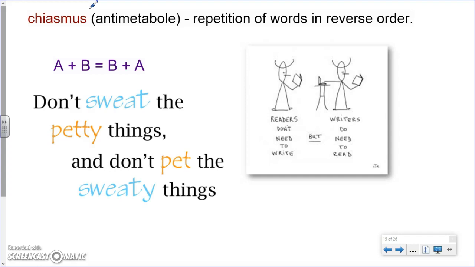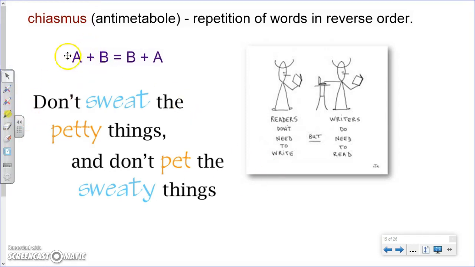I like to think of this as the idea of a math problem. So if we're looking at this, let me switch back to my pointer. A plus B equals B plus A. This is a math problem. It's the reverse property in math. So the idea is, if we apply this to a sentence itself: don't sweat the petty things and don't pet the sweaty things. The words are already emphasized here.